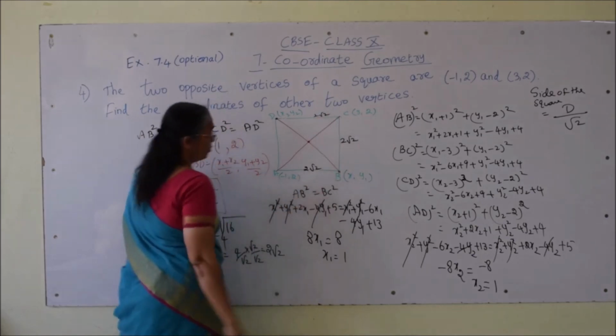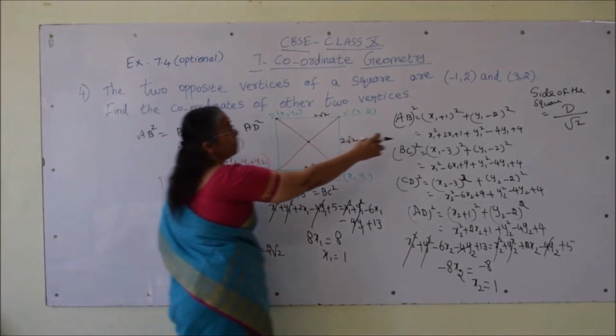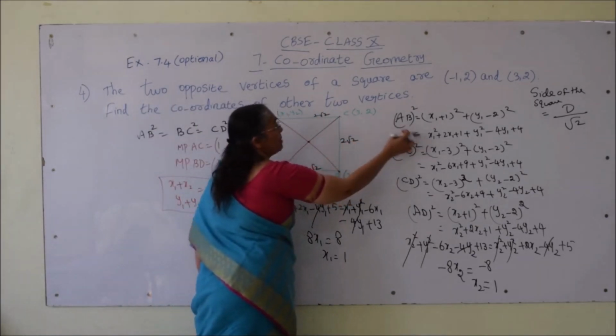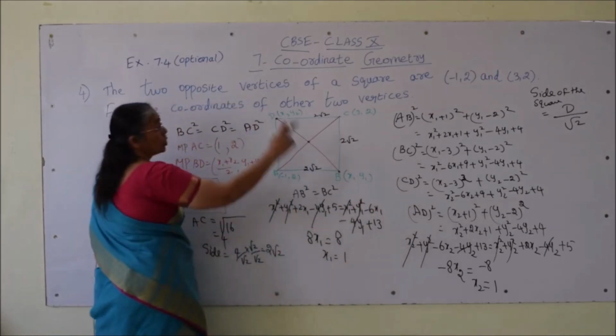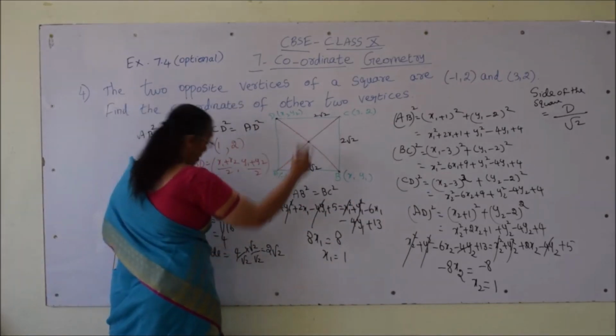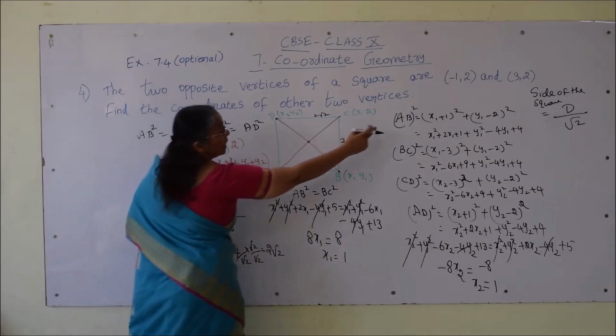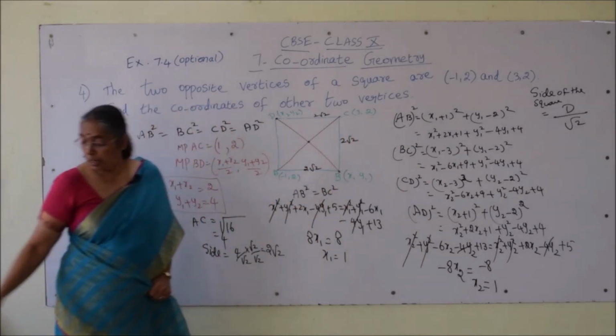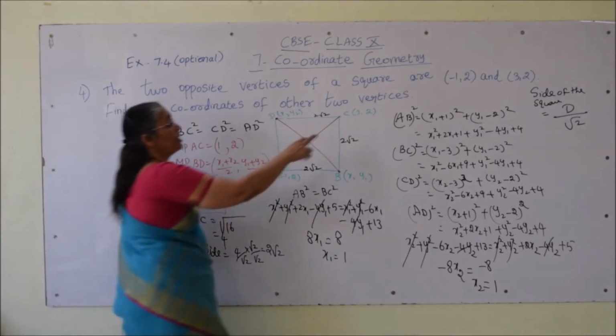Now we have the x1 value, so substitute the x1 value and the AB value 2 root 2. So AB square is nothing but 8. Let me substitute and find the value of y1 here.